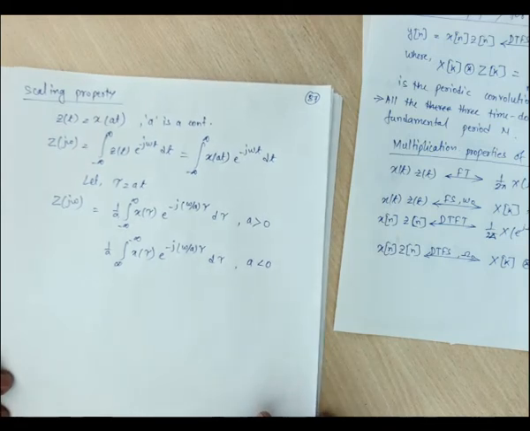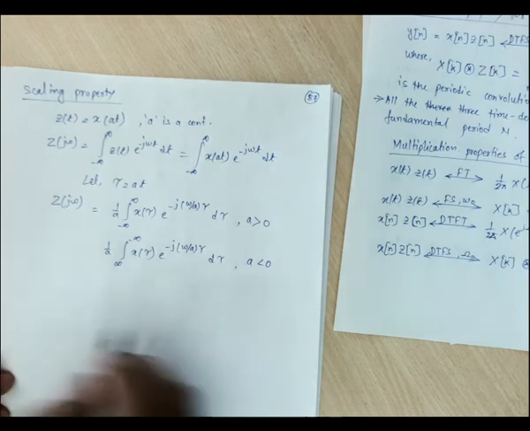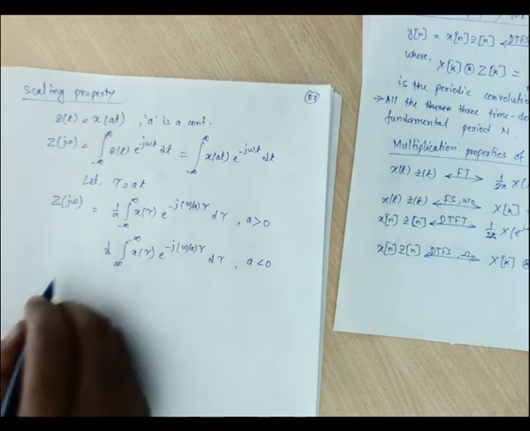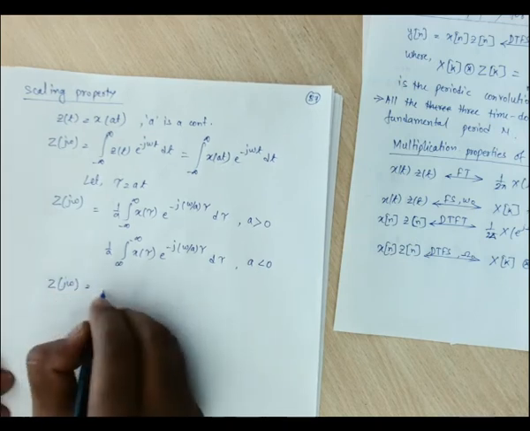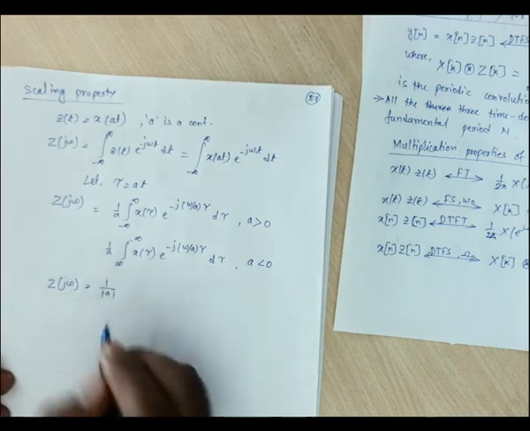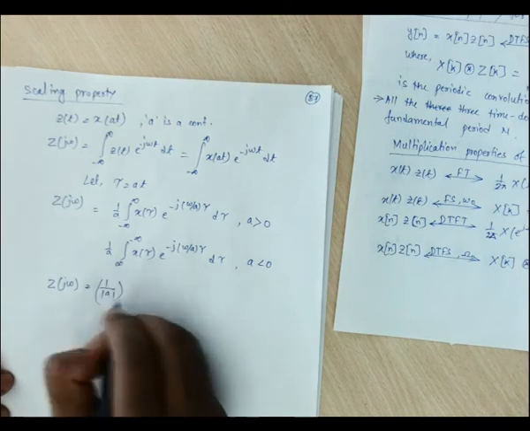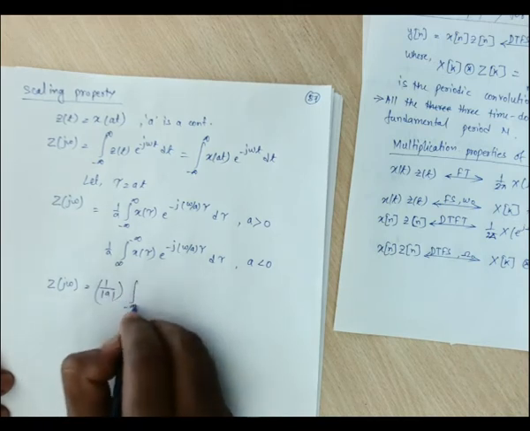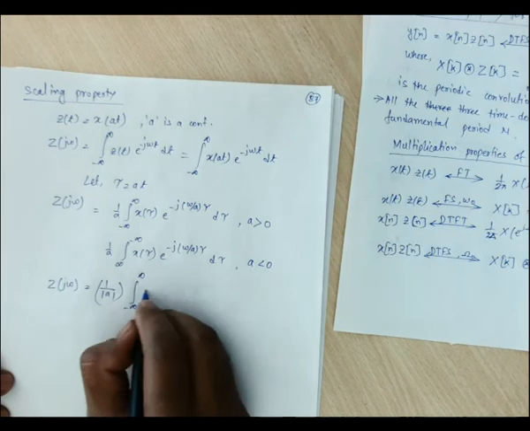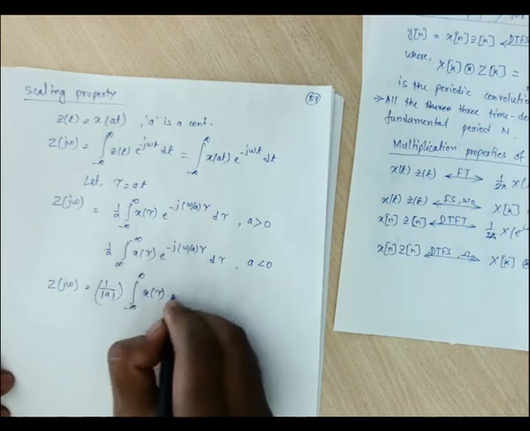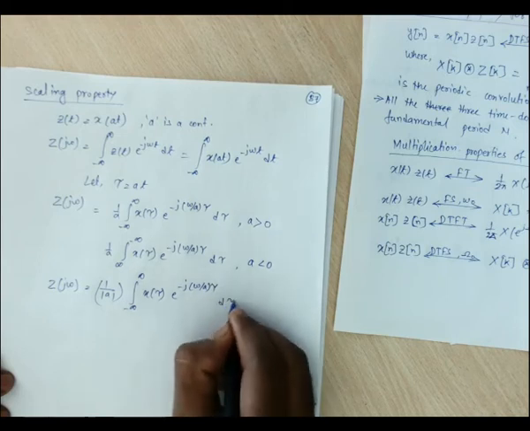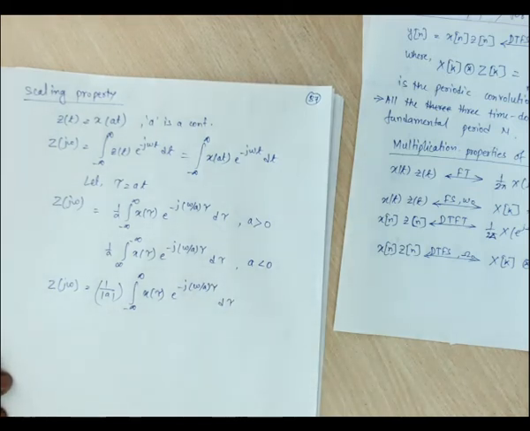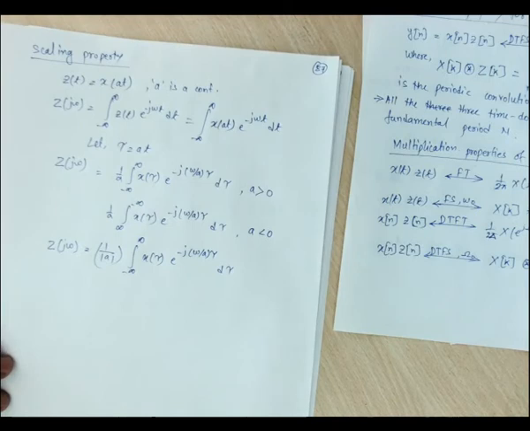So these two integrals may be combined by taking a as mod a. A single integral can be written as z of j omega equals 1 by mod of a, integration from minus infinity to infinity of x of tau e to the power minus j omega by a tau d tau. So what can we say?